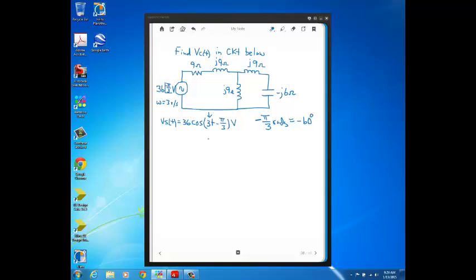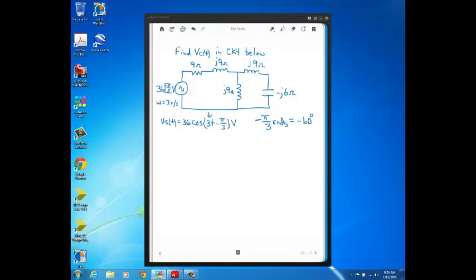One way we could do this problem is to follow the same approach we did in the previous video, where we found the ZEQ for the source, and then by Ohm's law we could get the current for the source, see how the current splits up, and once we have the current through the capacitor, we can use Ohm's law, voltage equaling impedance times current, to get the voltage for the capacitor.